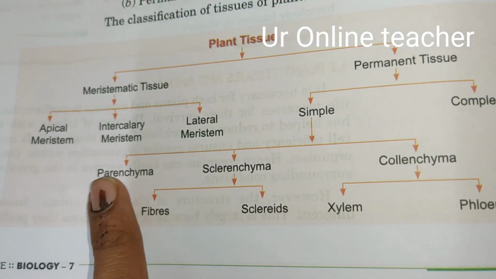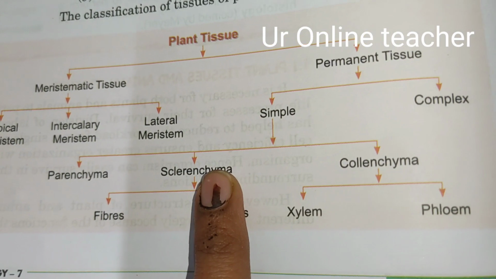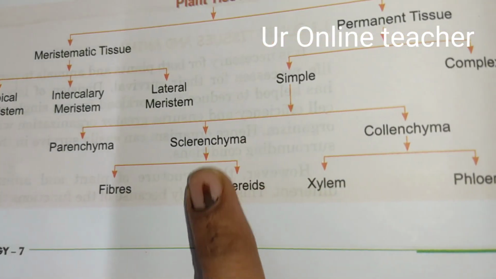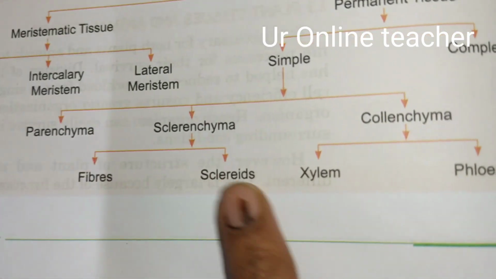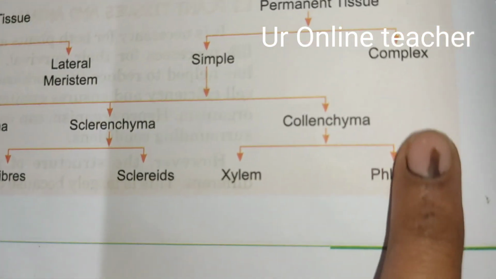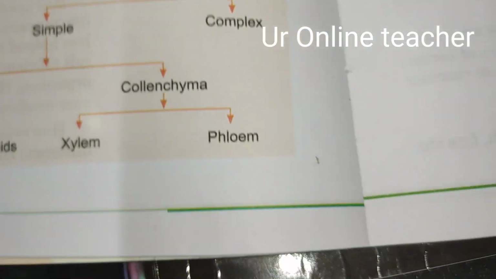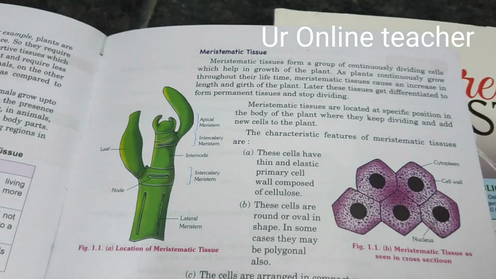Simple permanent tissue includes parenchyma, sclerenchyma and collenchyma. Sclerenchyma has different types like fibers and sclereids. In complex tissue, again different types: xylem and phloem.